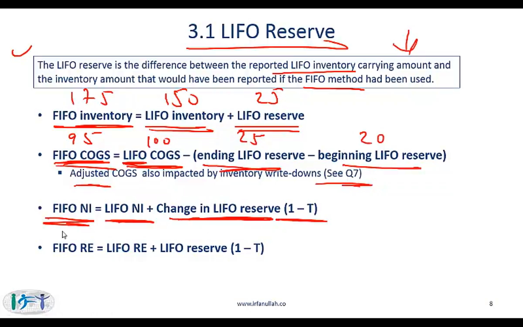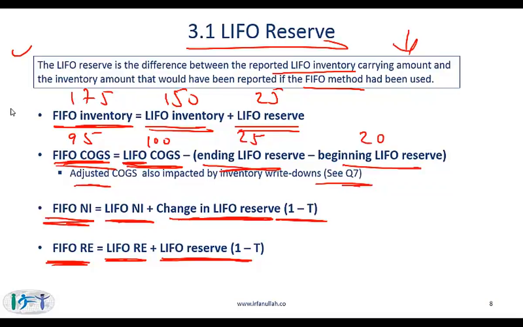So you need to remember this relationship. And then the FIFO retained earnings is equal to LIFO retained earnings plus LIFO reserve times 1 minus T.